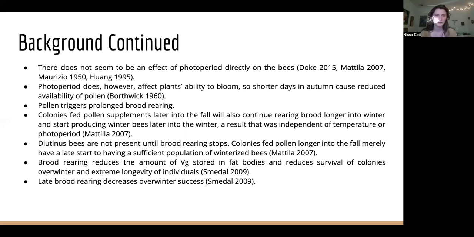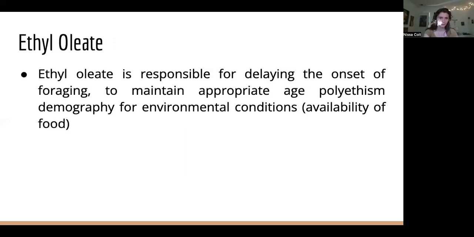So this is the mechanism that I was trying to focus on to determine how overwintering happens and what causes it. I focused on one particular pheromone, ethyl oleate, which is what EO stands for. In a normal summer bee population, it's responsible for delaying the onset of foraging.